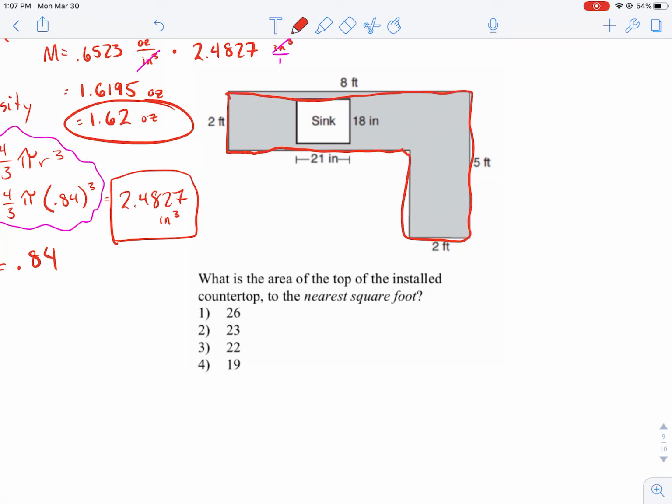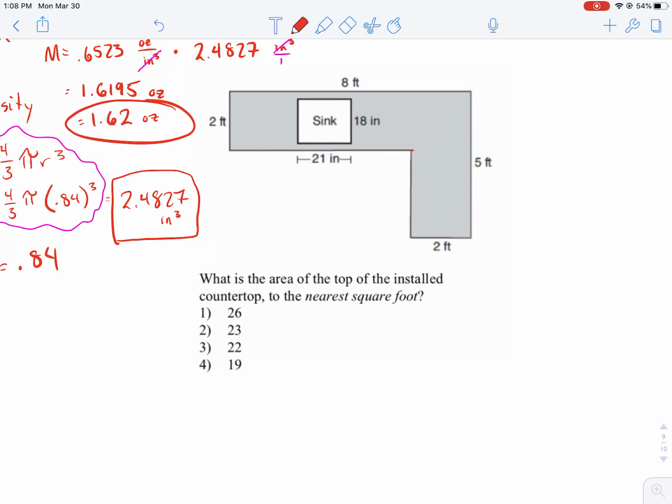So what we want to do is find the area of this countertop, and then we're going to have to subtract that area by the area of the sink, because in order to make this countertop, we have to make sure that we leave space for the sink. So we're going to find the area of the larger shaded region, subtract the area of the sink, and that should give us the area of the countertop.